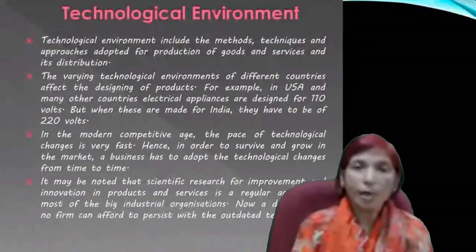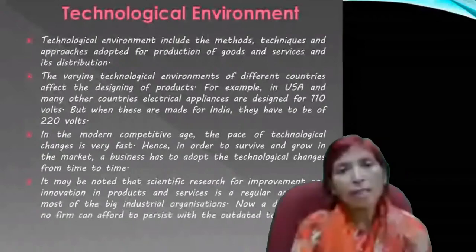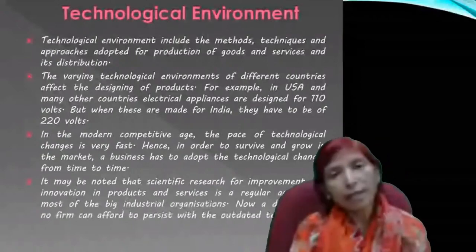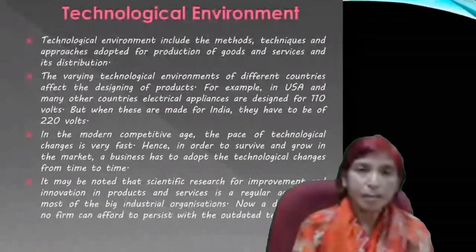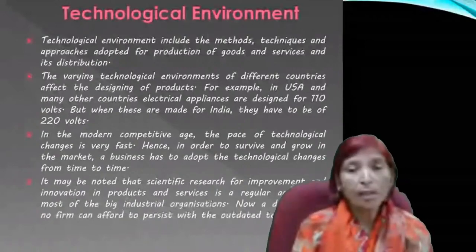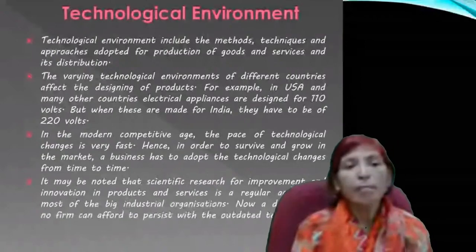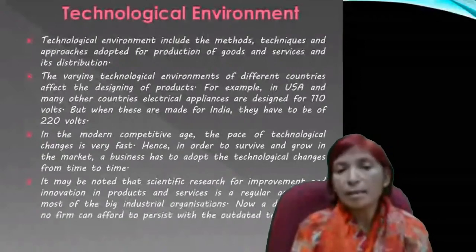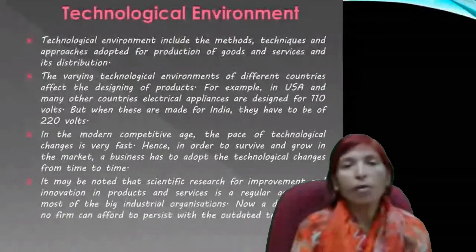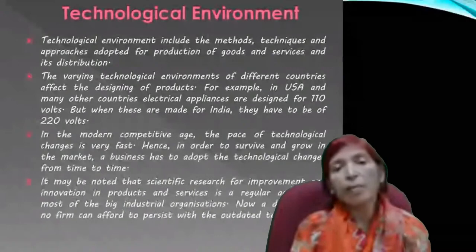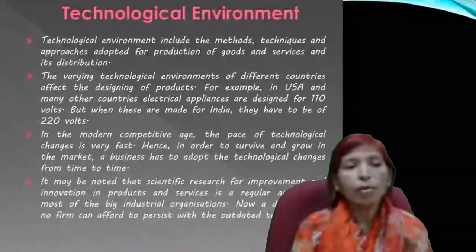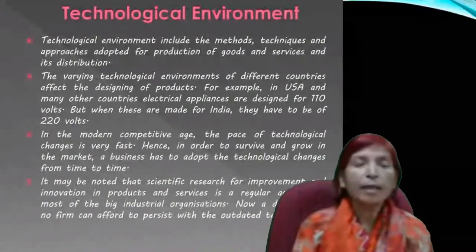The varying technological environment of different countries affects the designing of products. For example, in USA and many other countries, electrical appliances are designed for 110 watts. But when these are made for India, they have to be 220 watts.